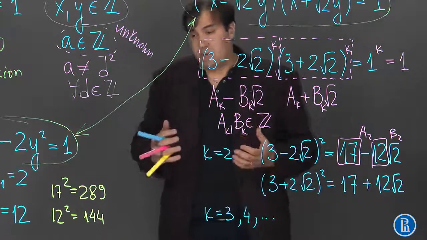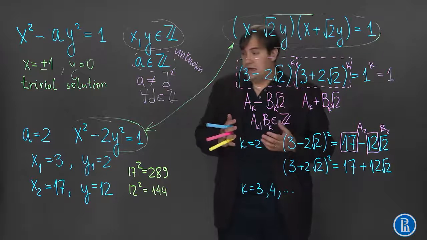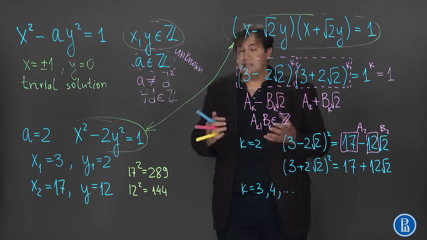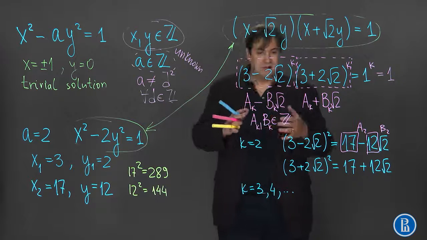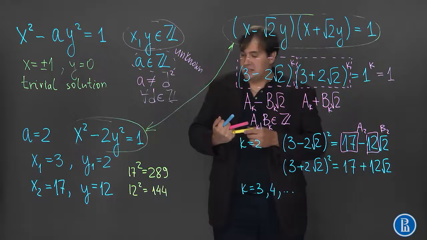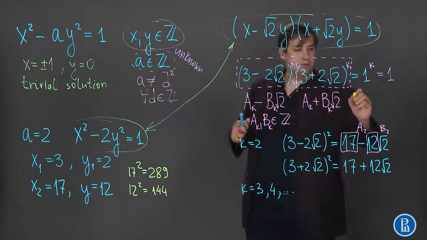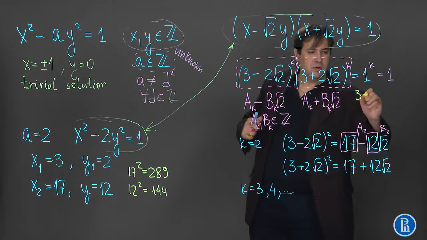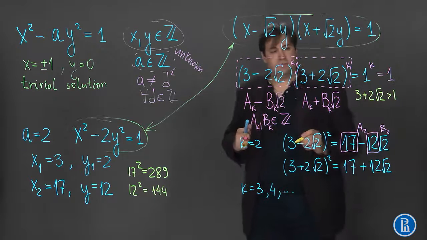Well, now I state that they do not repeat. But why is this so? And I believe that the easiest way to really prove that they are really new and they do not repeat is to notice that 3 plus 2 square roots of 2 is actually greater than 1.